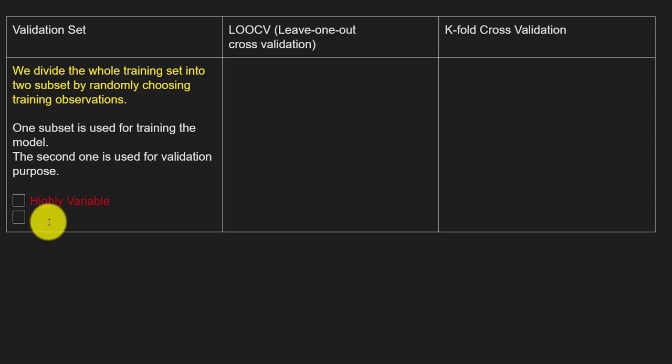statistical machine learning algorithms generally work better when we have a large training data set. In this method we are reducing the number of training observations, so the test error we calculate using this validation set is not that accurate. It generally overestimates the test error.